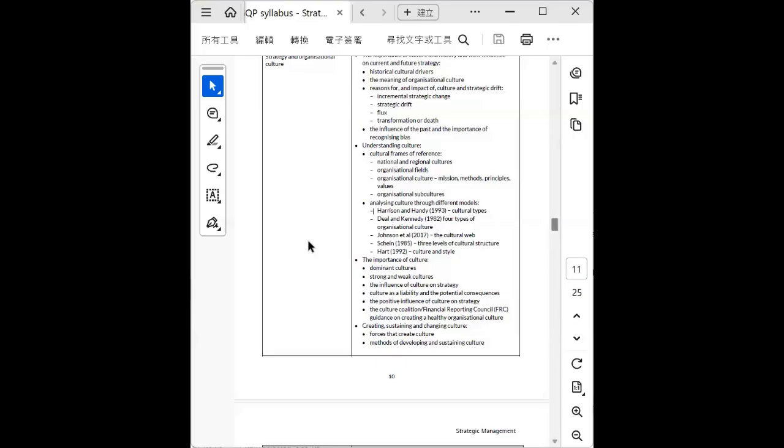Now, next we'll have Deal and Kennedy's four types of organization culture. Tough guy, macho culture thrives in a high-risk environment with very rapid feedback, and encourages bold decisions and competitiveness. Investment banks like Goldman Sachs exemplify this with very aggressive, performance-driven efforts.